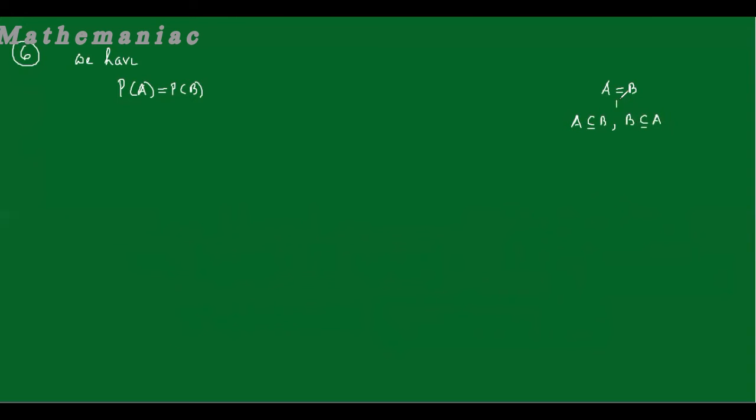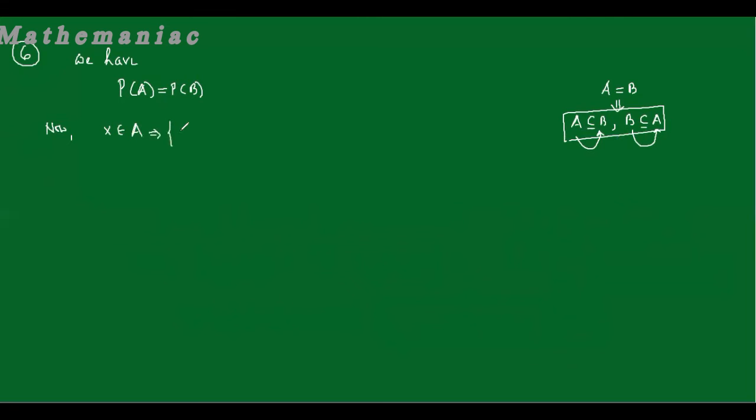That means if somebody asks you to show that A equal to B, it is to be shown that A is a subset of B and B is a subset of A. Meaning, every element of A should be also found in B, and every element of B should also be found in A. So this is what you have to prove in order to say A equal to B. So now we'll be starting with that idea only. Let me start with the element in A.